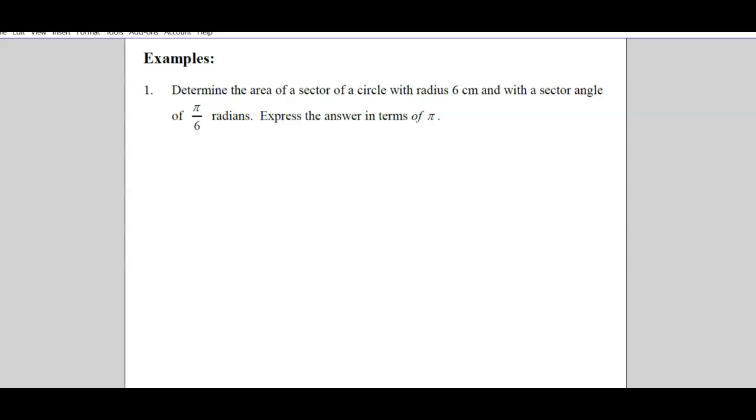Okay, determine the area of a sector of a circle with radius 6 and sector angle of pi over 6. Okay, express it in terms of pi. So your area of the sector is 1/2 theta r squared, where theta is in radians, so that's pi over 6. Radius is 6 squared.